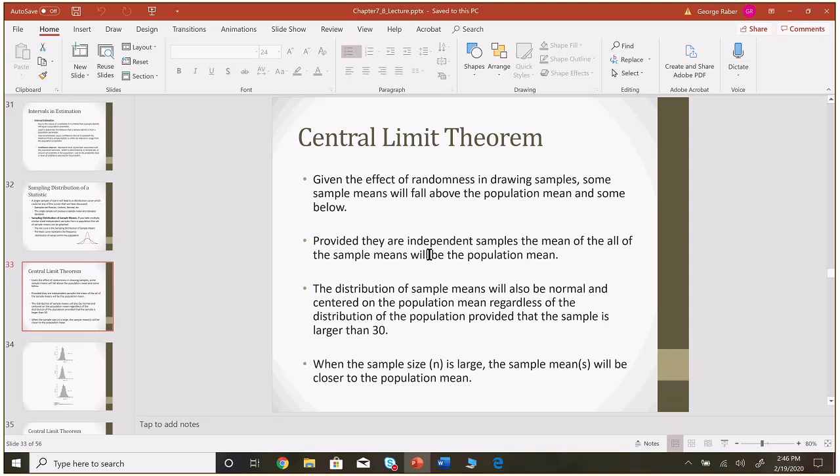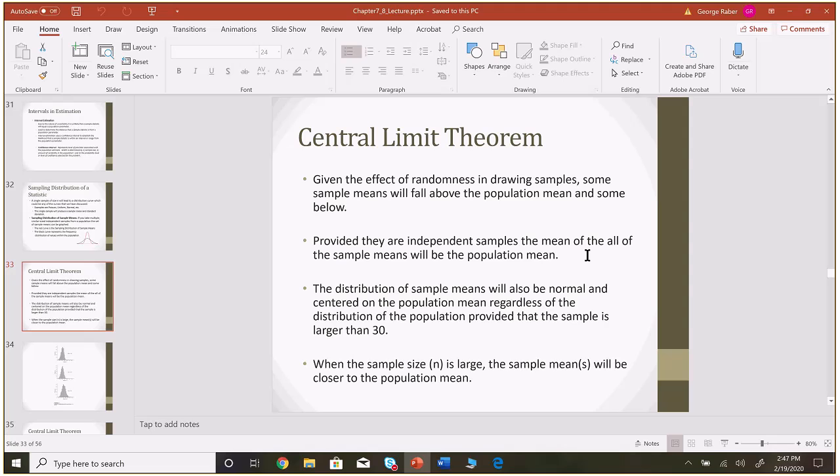Provided that they are truly independent samples, the mean of all the sample means will be the population mean. When I took this class, my professor said the mean of the means is the mean, which sounds a little confusing, but that is a more complete statement.